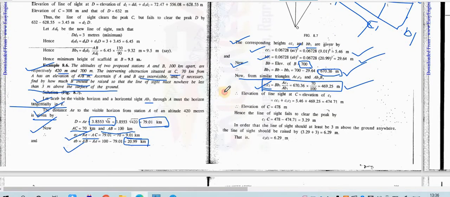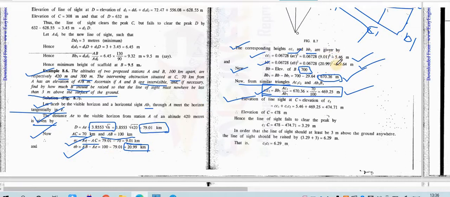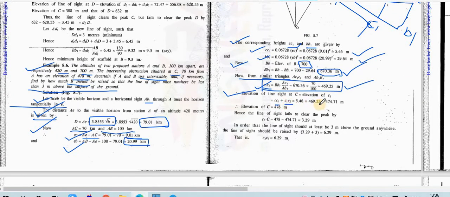After that, the elevation of the line of sight, the elevation of C2 will be what, we need to add all these values. We have got the first value, cc1, c1 plus c2 we have got, and this value we have got, cc1. So by adding this we can get up to this height. So cc1 plus cc12 equals the addition of these two values, which is coming out to be 474.71.